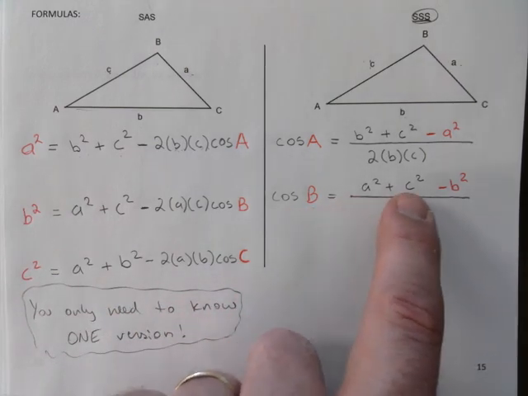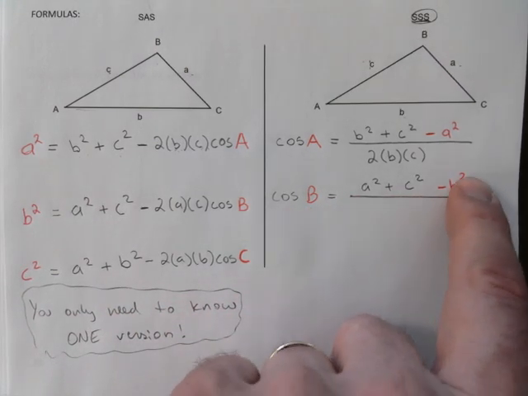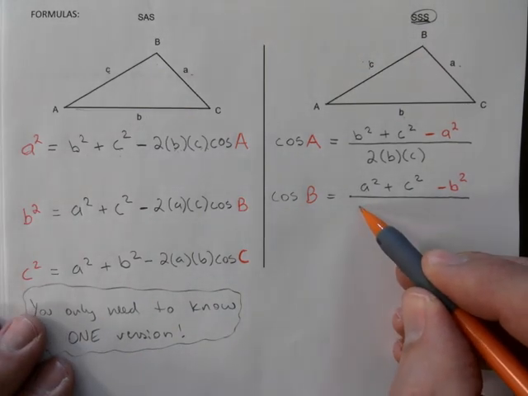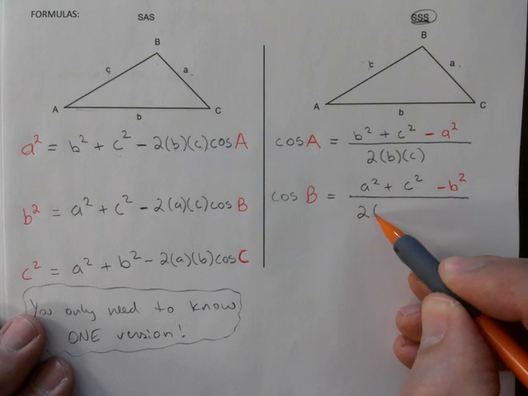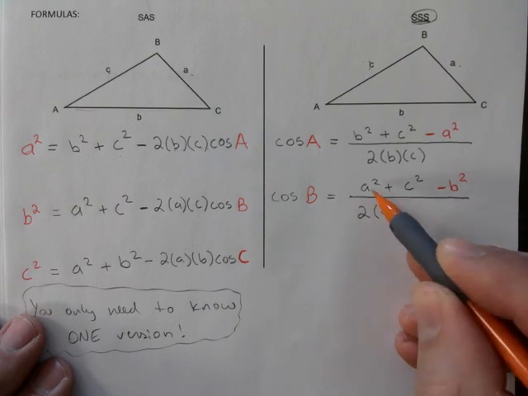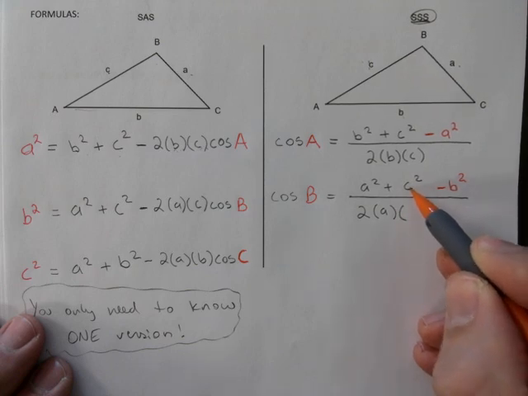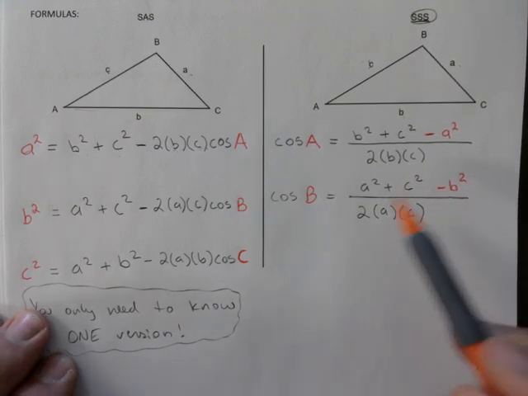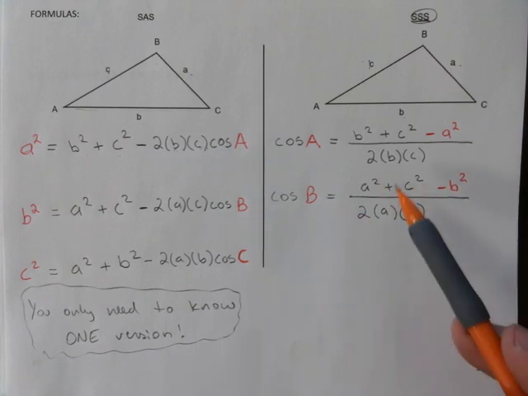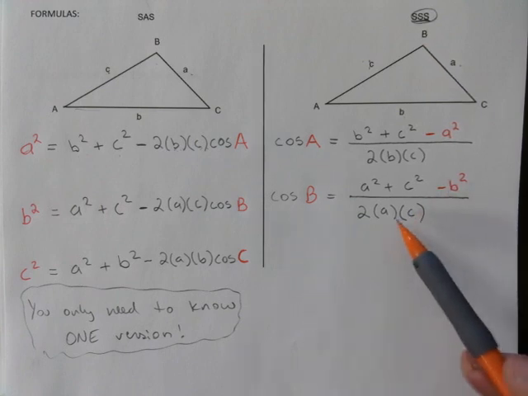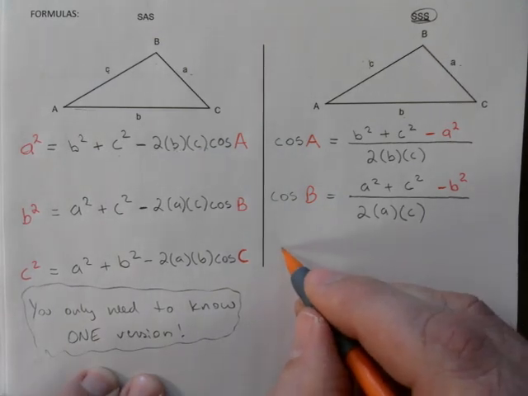So a squared plus c squared minus b squared, since b is across from angle B. And then you go 2 times a, watch this, 2 times a, which is the first one here, times c, which is that second one there. So b doesn't show up at all on the denominator. It only shows up here up top. It's very important. Some students plug this one in here. It should not happen.